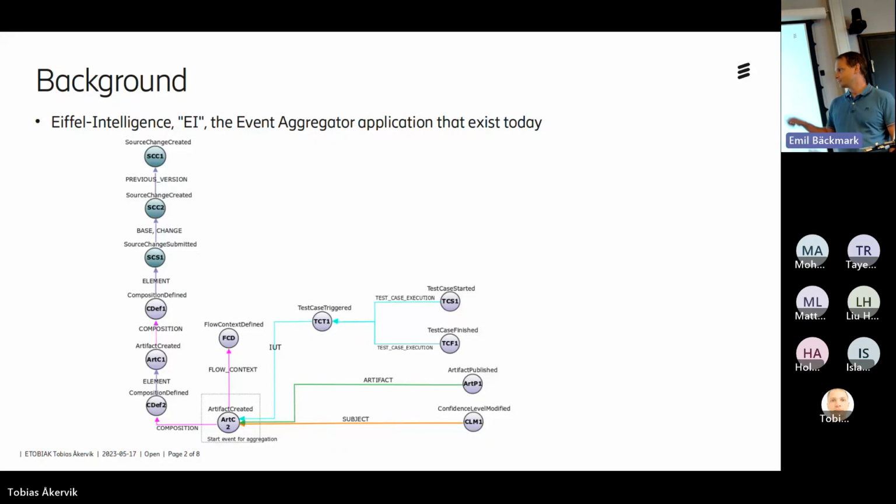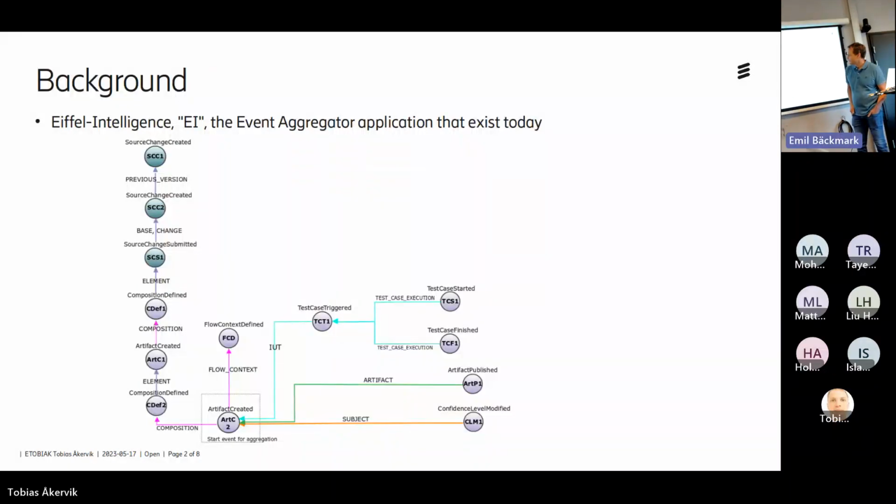Based on that, it does an upstream search to Eiffel ER and gets all these events: composition defined, artifact created, source change submitted, the whole chain. It also does some downstream search. I don't know exactly how it works, but it's one level downstream that it can also aggregate. That's how it works today.